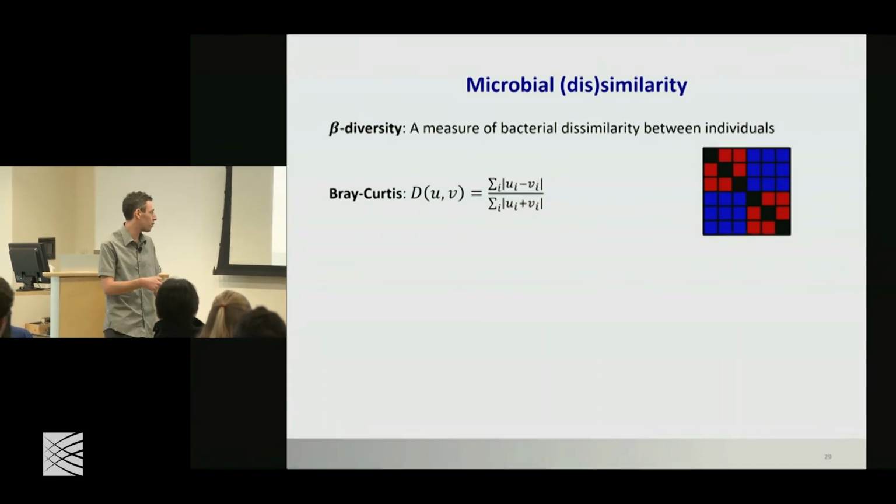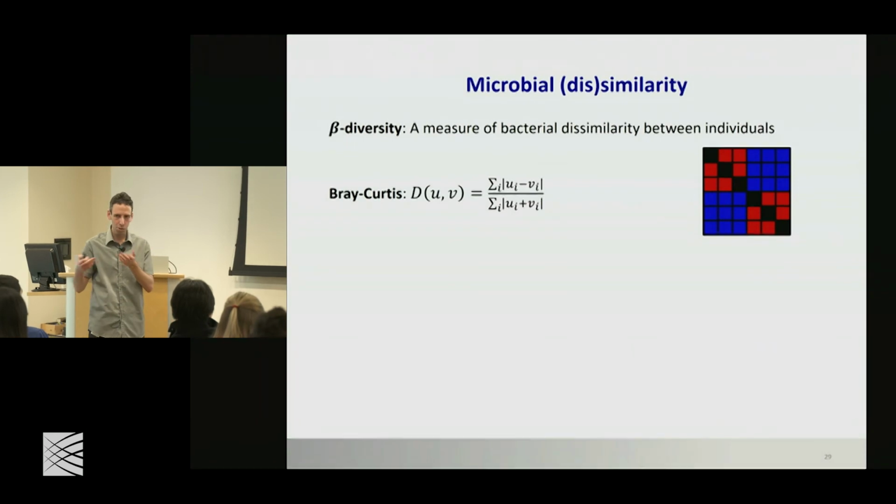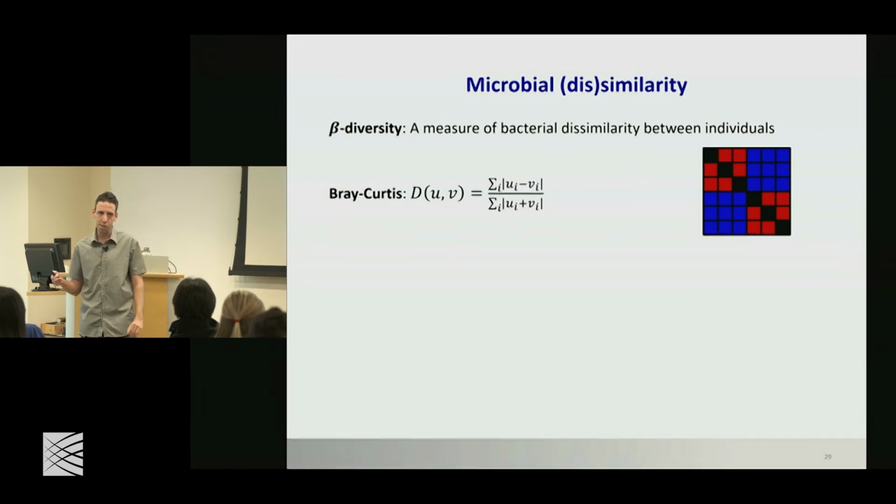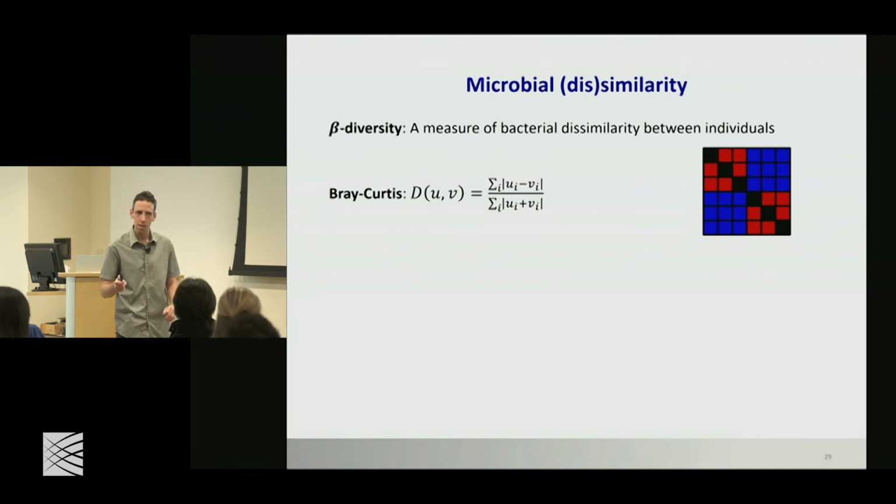So for two vectors, U and V, this is the distance measure. I'm not going to get into the details, but essentially, it's an L1 measure, but that only takes into account the bacteria that are actually present in one of the two individuals. The reason I'm showing this is to show that measuring microbial dissimilarity is a very old technique in statistical ecology. But we wanted to connect that with the method that we use to estimate genetic heritability, which is typically called linear mixed models, by the way.